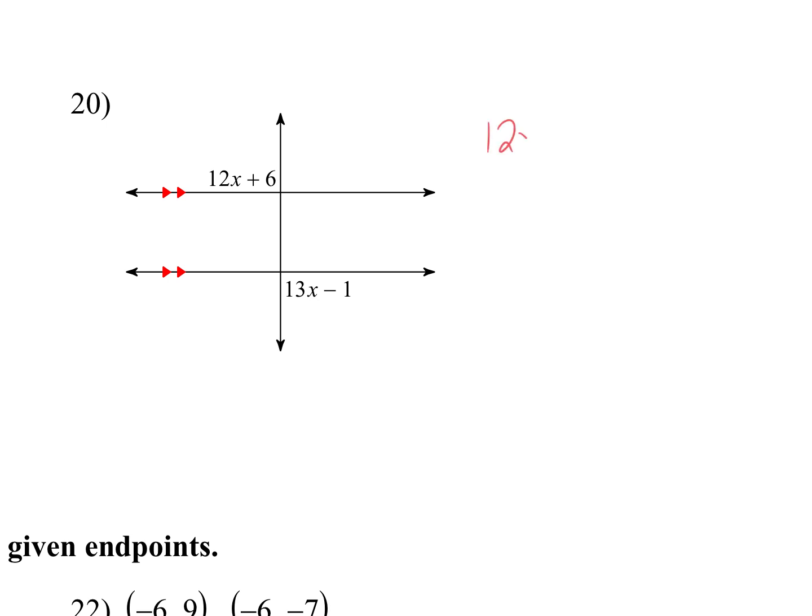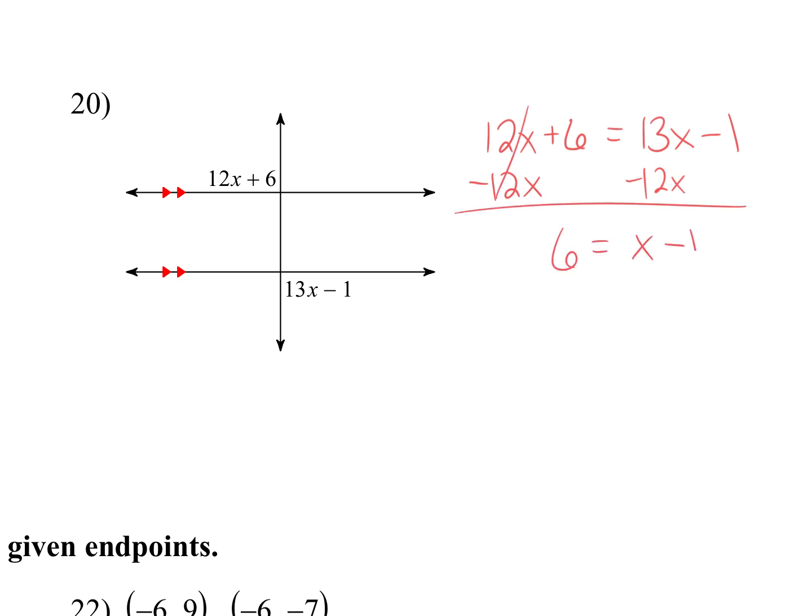So I have 12x plus 6 equals 13x minus 1. Again, does not matter how you solve. You just want to get x's on one side, everything else on the other. So I'm just going to subtract 12x. So we have 6 equals x minus 1 from here. Add 1. So we have x equals 7.